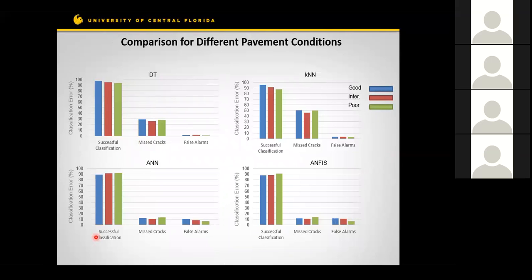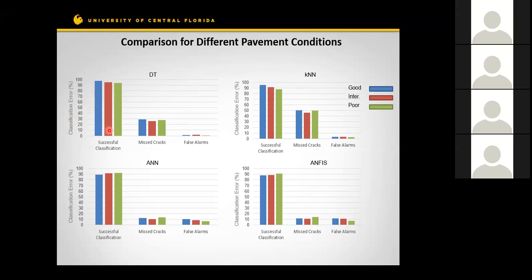And our last concern was whether the classifiers are going to provide consistent results for different pavements. So we applied them to each pavement type separately. The blue one is the good pavements, so they had no cracks, they were very clean.